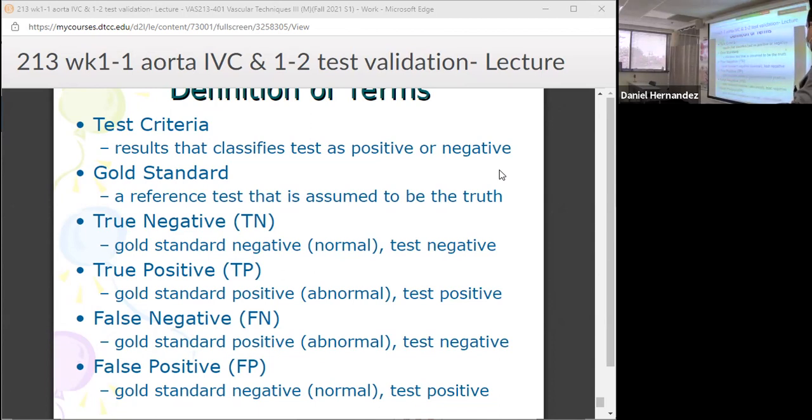False negative. So that's when our gold standard says that the test should be positive but we're getting a negative. And then a false positive is when the gold standard says this person should not have disease or should be normal, and our test is saying it's positive. When we start actually showing examples, these terms, false positive, true negative, false negative, will make a little more sense.